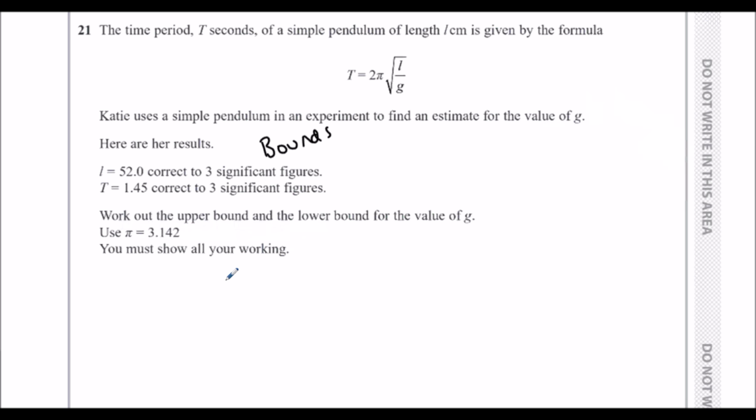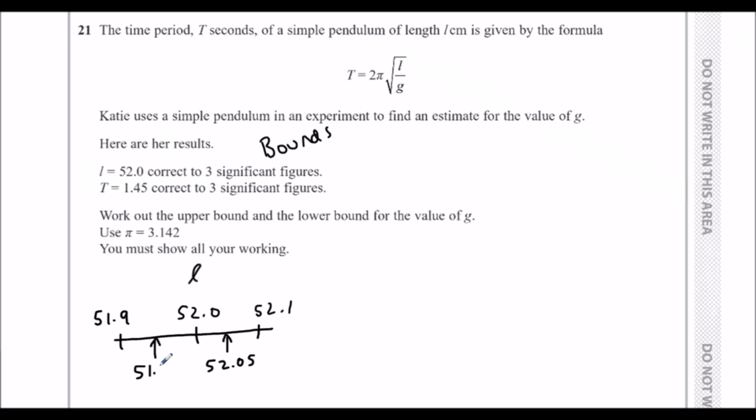So let's start. We need to rearrange the formula, and we need to find the bounds. For L, we've got 52.0. So the one up is 52.1. The one down is 51.9. So the upper bound is 52.05. The lower bound is 51.95.